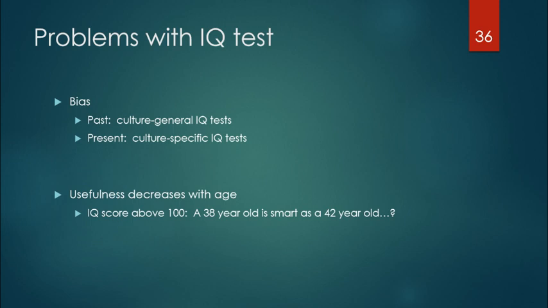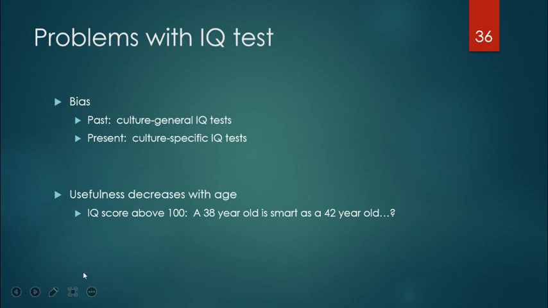So even though the answer for the number of lunar cycles in the year should be 13, the correct answer is many. So this is a great example of how we need to create culture-specific IQ tests. We can't create one culture general IQ test for the entire world. You might seem very stupid in one culture, but if you're in the correct culture that you were raised in, then you would seem like a normal, intelligent person.